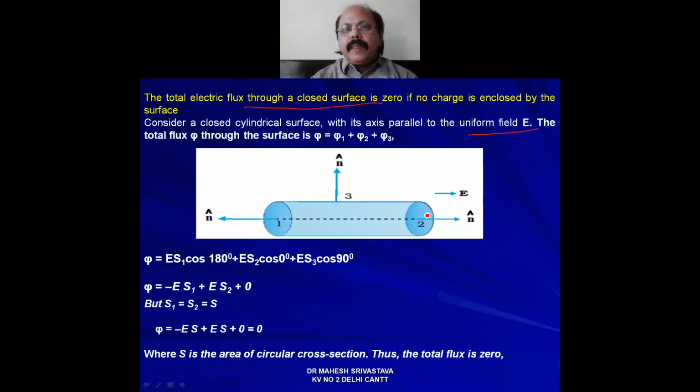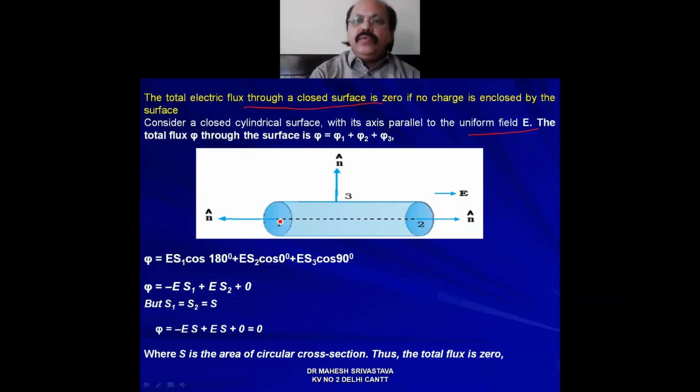See here, in the two flat surfaces, as already explained, when we draw a normal onto the area, that normal must be radially outward.